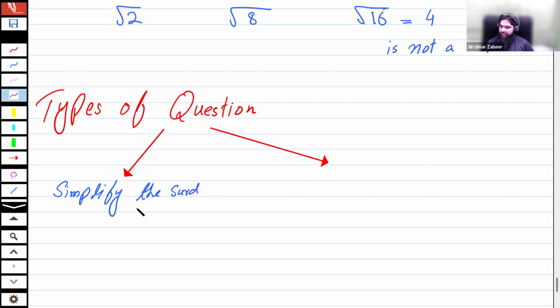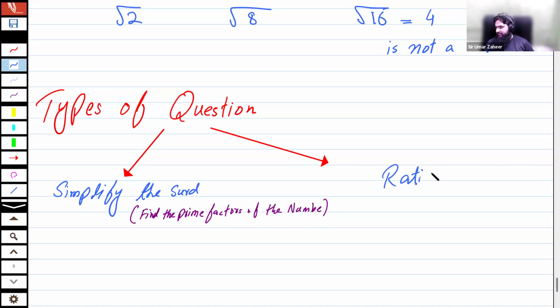Now, what you have to do in simplifying, in most of the questions, you have to find the prime factors of the number. In the second case, the examiner says that you have to rationalize it.